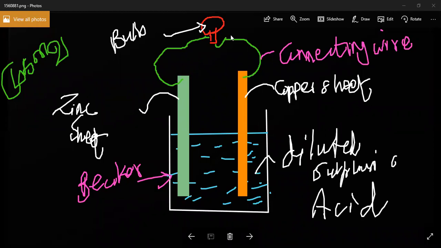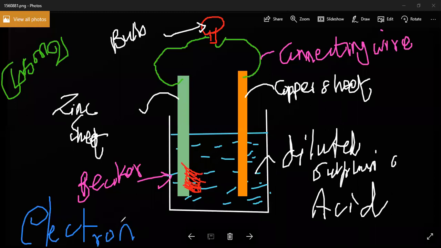What's going to happen here actually? This zinc sheet is going to dissolve. When it dissolves, what will be produced? Not the current yet. Electrons are produced. Here electrons are forming and moving here.